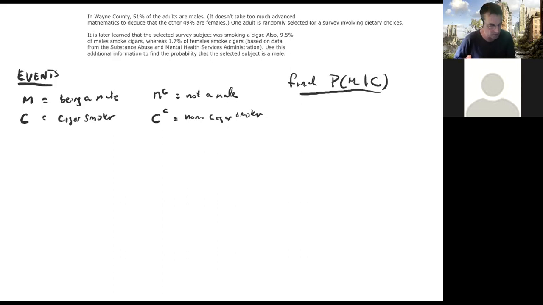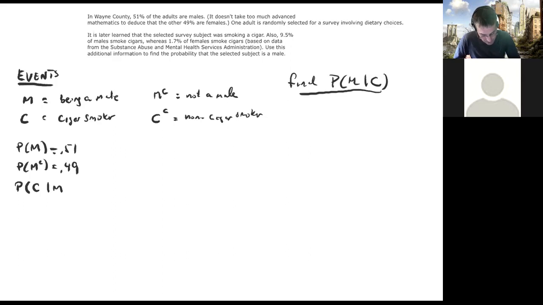Okay, so we can compute that by computing some other probabilities. So first of all, let me state what the various things are. What's the probability of being male? That's 0.51 according to what's given to us in the information, and 0.49 is the complementary probability of being non-male or female. Then we also have the probability of a male being a cigar smoker, given a male.